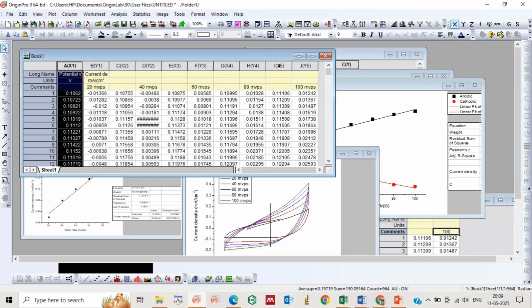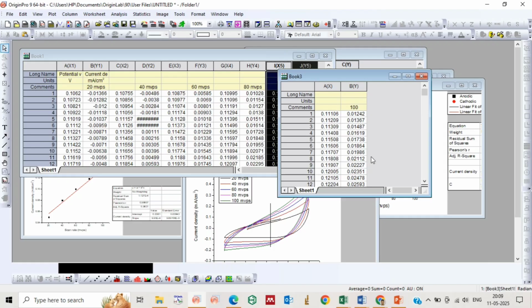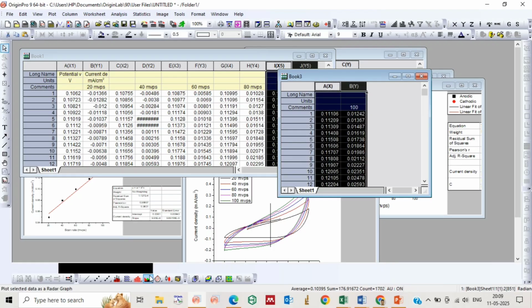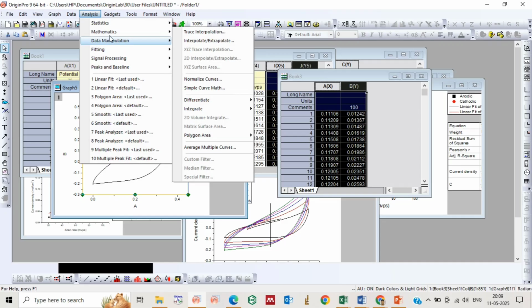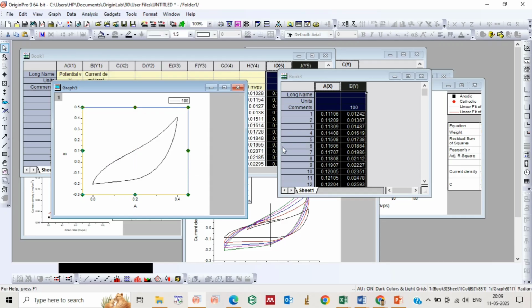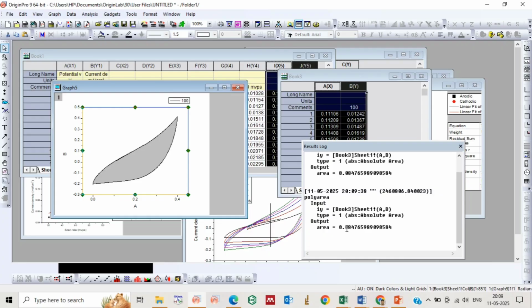So let's take the CV at the scan rate 100 millivolt per second and plot it. Now select it, go to analysis, mathematics, then polygon area, and here you need absolute area. So after clicking you will get the value, which is 0.084.